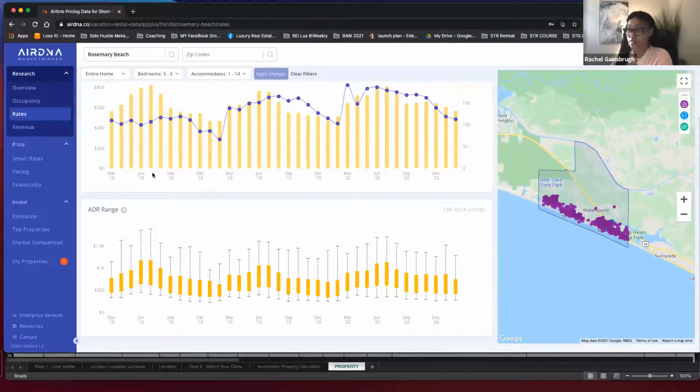For instance, June 2018, the average daily rate was $802. However, the lowest 5% made $451 per day, and the top 95th percentile was $1,855. Down here, January is $228 to $957.